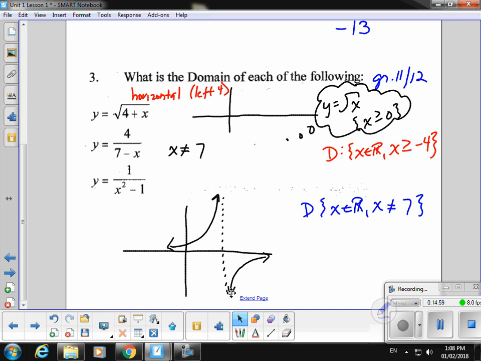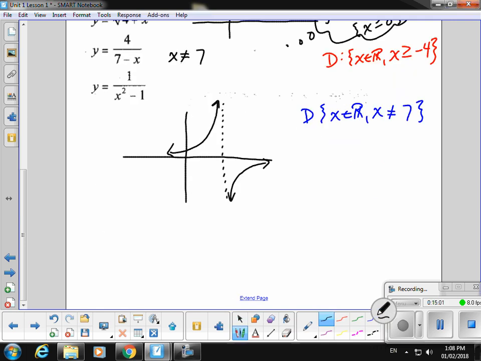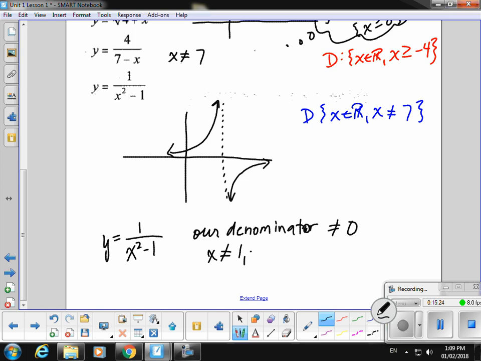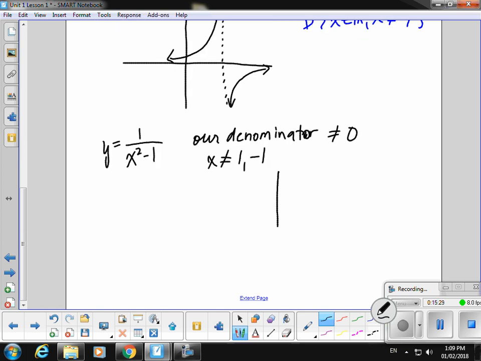The last one. Let's rewrite that one. Our denominator cannot be 0. So we know for this last one, we're going to have problems when x is 1 or negative 1. If you can picture this thing, it is going to have vertical asymptotes at 1 and at negative 1.